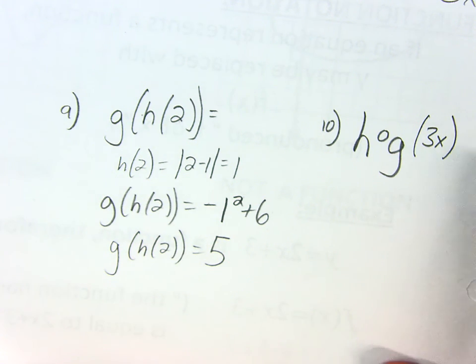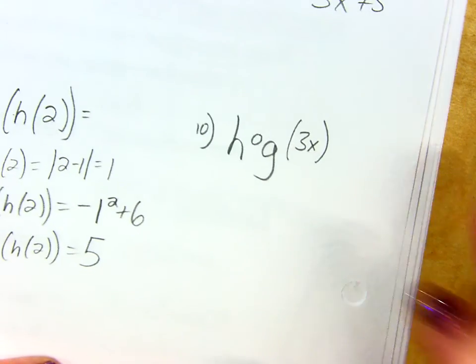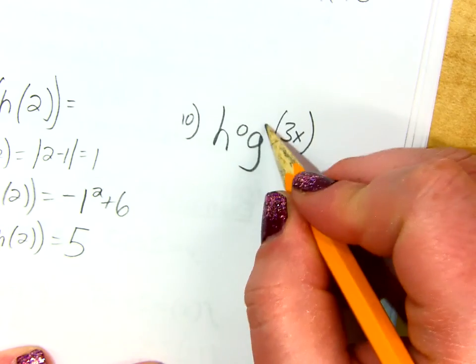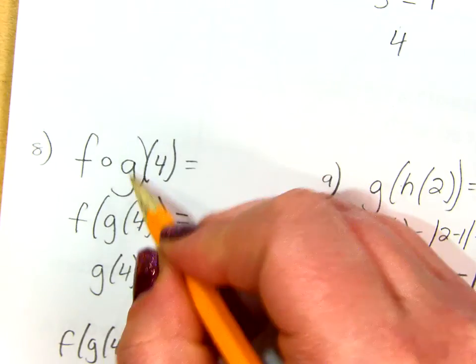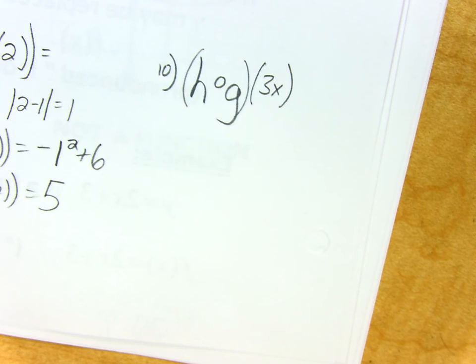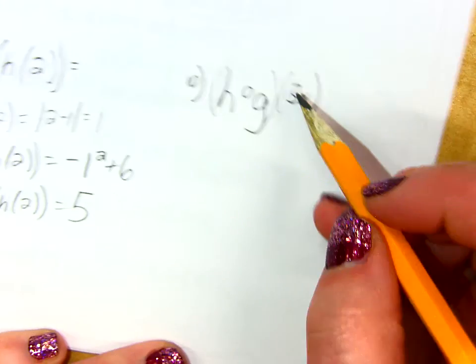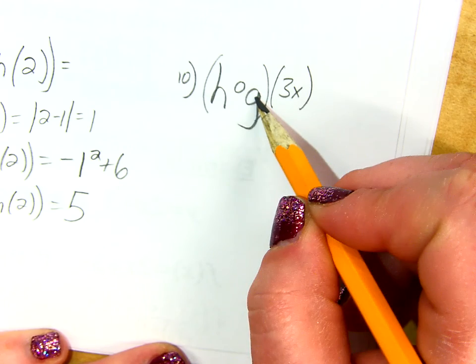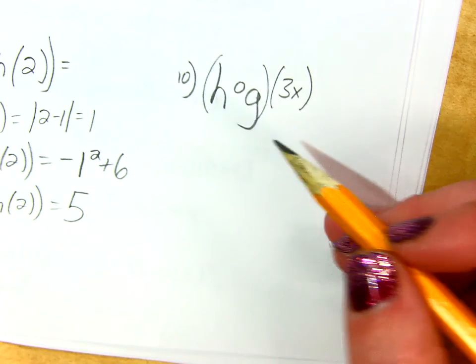All right. Number 10 is a little bit different, but we're going to operate the same way. Oh, and you know what I just realized? You should have parentheses around these two. So I should put that back on number 8 also. Sorry. Okay. It's not really hog, it's h of g of 3x, right? So this notation, same idea as this. I'm just going to take 3x, put it into g, take that answer, and then plug it into h.